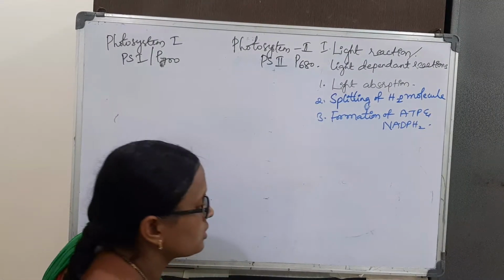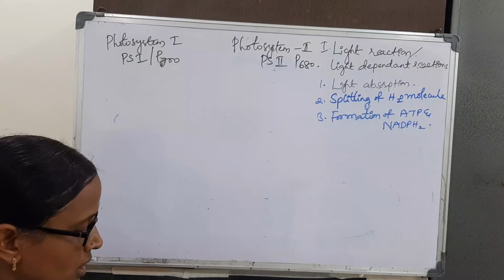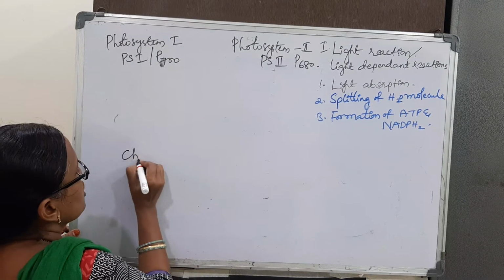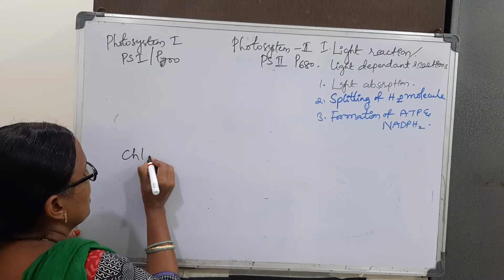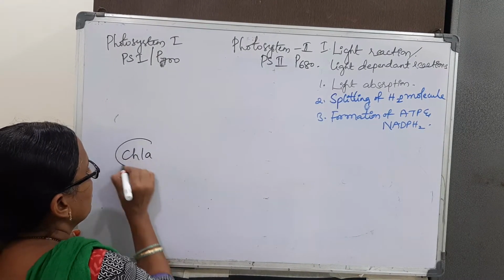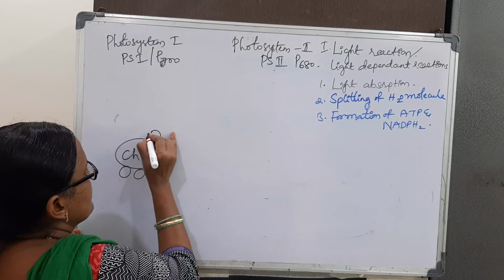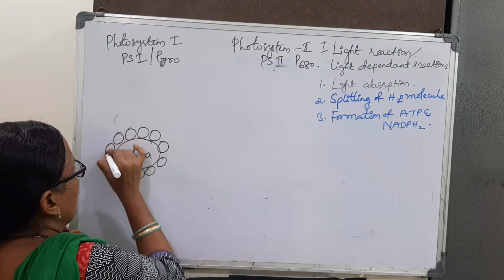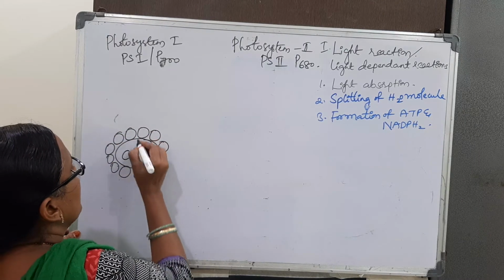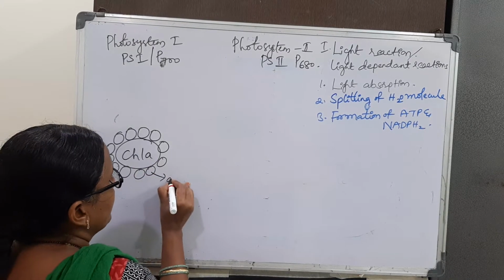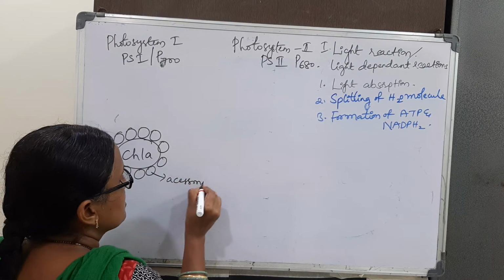Just like the reaction center, in the photosystem also there is a reaction center, a chlorophyll A molecule, surrounded by other accessory pigments. So this is chlorophyll A and accessory pigments.